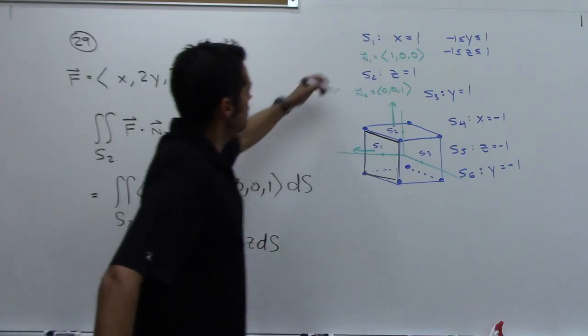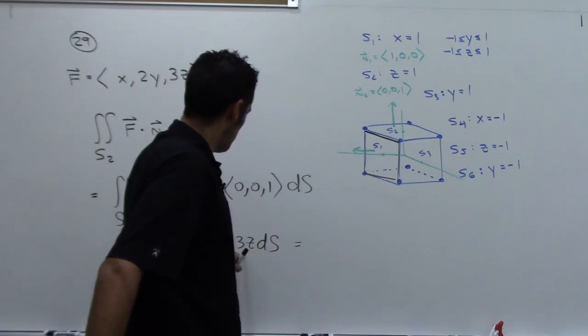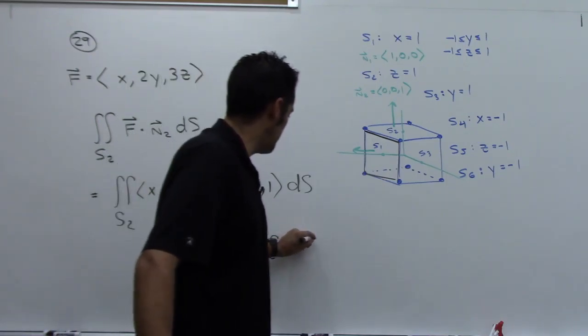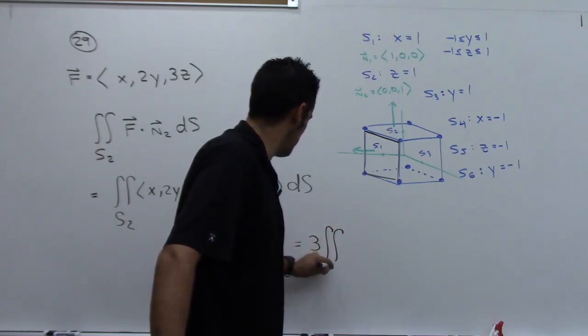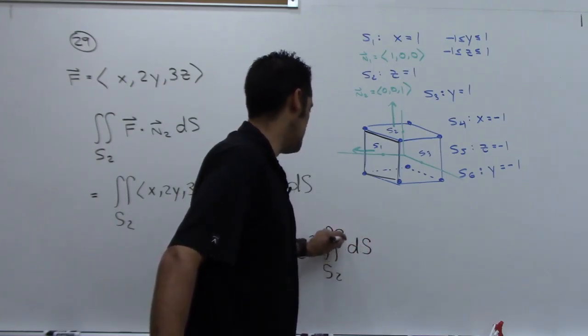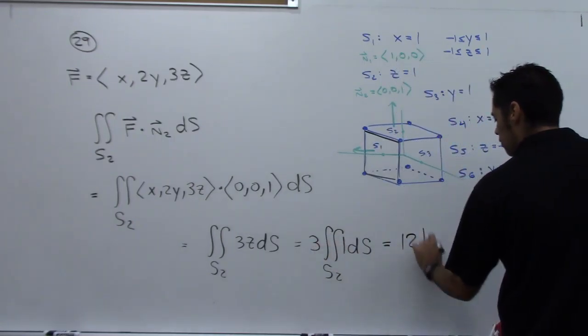But on S2, z is 1, so that just becomes a 3. Then we can factor out the 3, and we get 3 times the double integral over S2 of 1 dS, which is just the surface area. Again, the surface area is the same for all of them, so this is going to be 3 times 4, so 12 here.